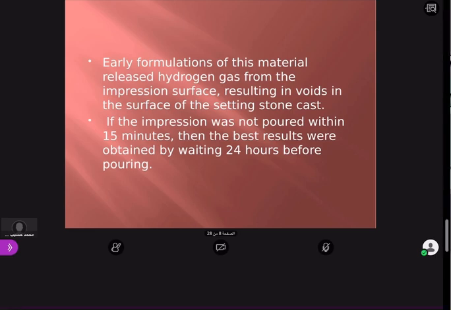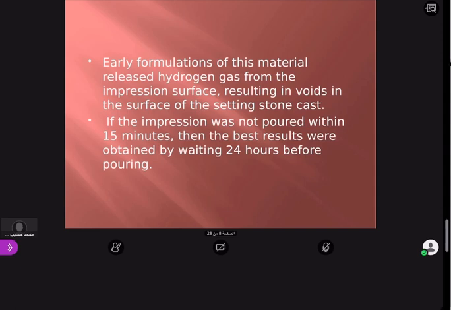Early formulations of this material released hydrogen gas from the impression surface, resulting in voids in the surface of the poured stone cast. So if the impression was not poured within 15 minutes, then the best results were obtained by waiting 24 hours before pouring.